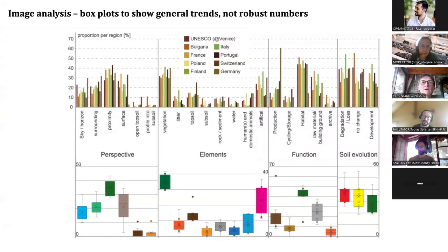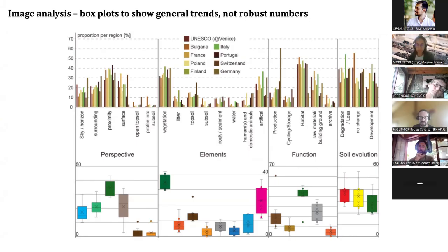Thank you. I will be very quick because the time is already over, just to show you some results of what happened in this much bigger study. You will see several things are repeated here. Although we are not statistically sound, we can see that we very often have the idea of something proximal: soil is something around us, something surrounding us, a surface, and very rarely do we look to the topsoil or into the subsoil.